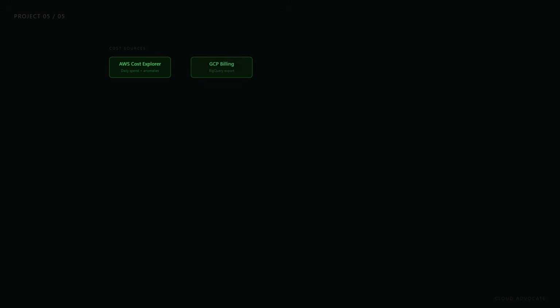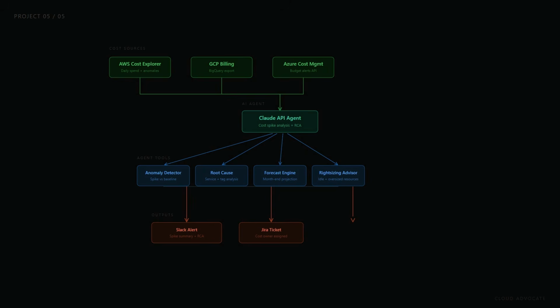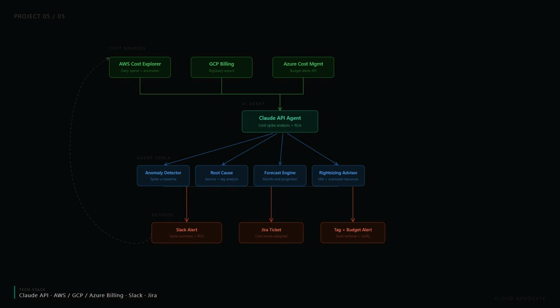So now you can implement an agent that pulls billing information from AWS Cost Explorer, GCP BigQuery, or Azure Cost Management. Claude then identifies which service, which team, and which resource. It also projects the month-end bill at the current trajectory and finds idle and oversized resources contributing to the burn.